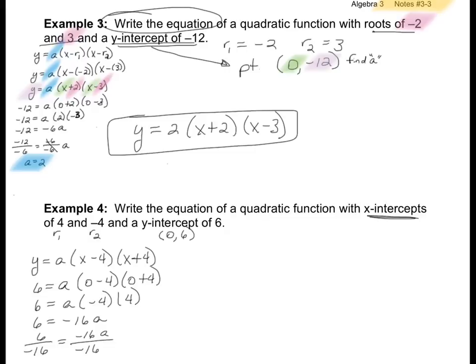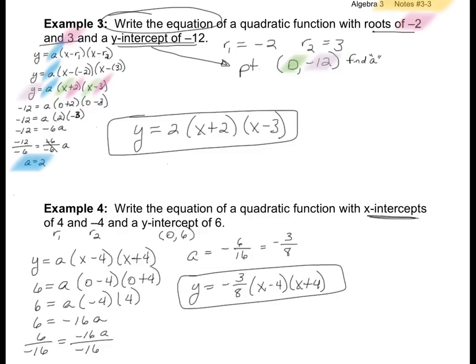Okay, so a then is negative 6 over 16. Now we need to reduce that. It'll divide by 2, so that'll be negative 3/8. Each one will divide by 2. So my final equation, y equals negative 3/8 times x minus 4 times x plus 4. And that's the final answer.